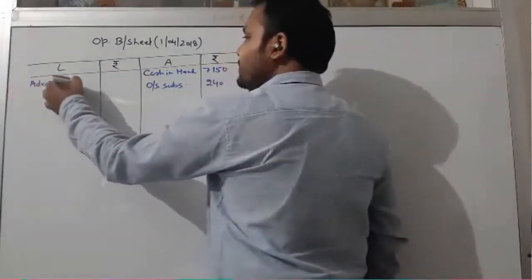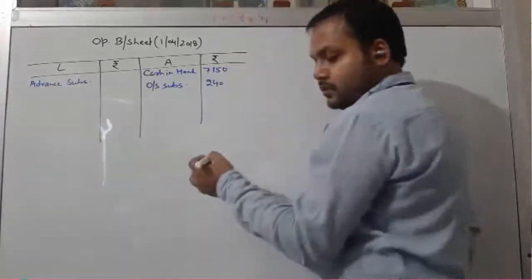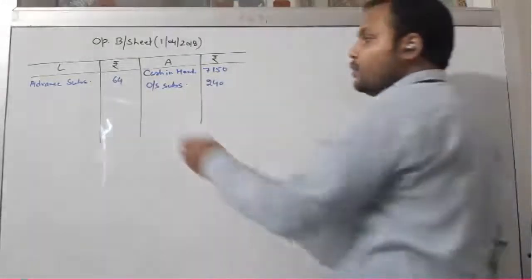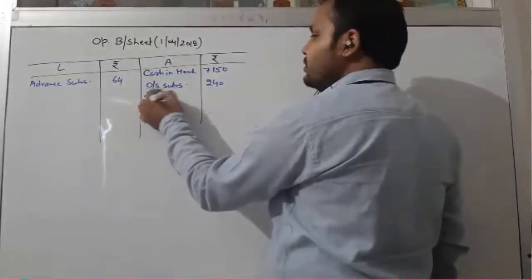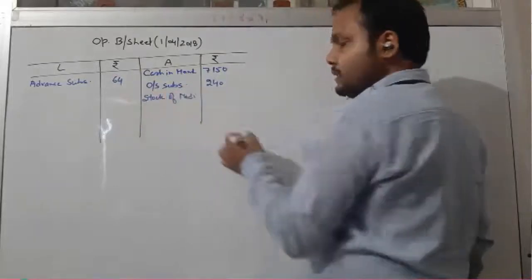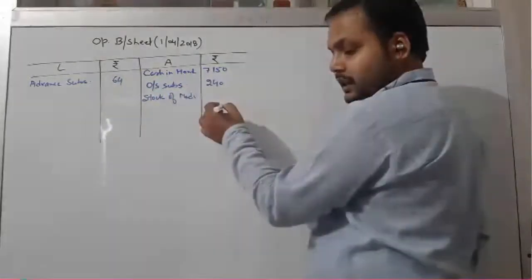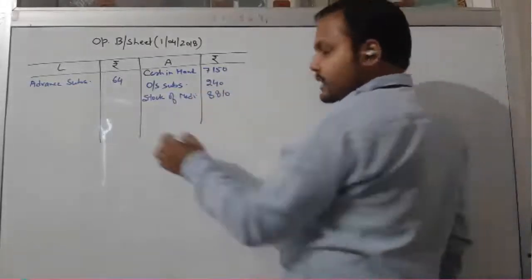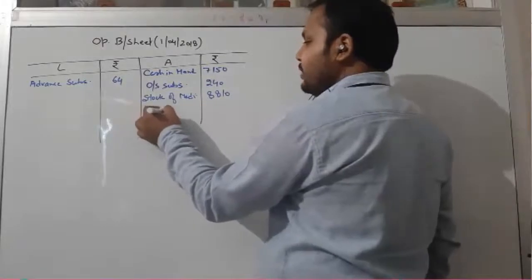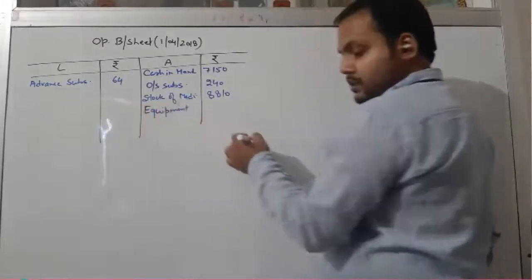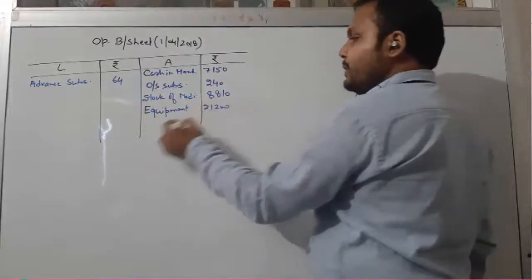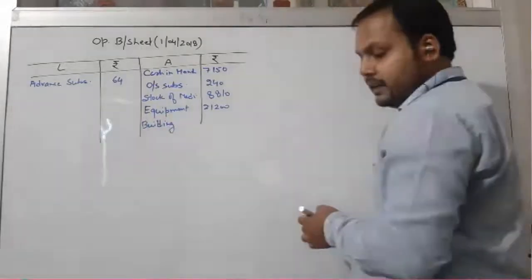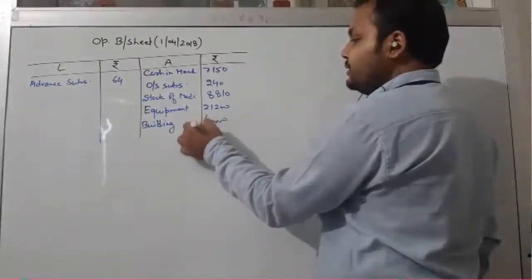So advance subscription is 64, and stock of medicine, that is the opening stock of medicine, is 8,810, and equipment, that is 21,200, and the building cost less depreciation. So you can see that the building value is 40,000 at the beginning of the year.